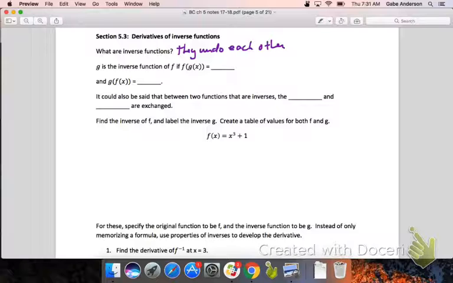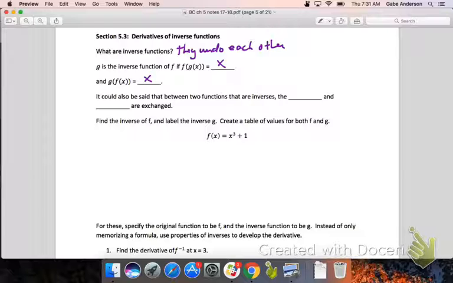If g and f are inverses, then if we do a composition of functions, f of g of x or g of f of x, in both cases we'll get the same answer, and that answer is x. This is because g and f are stripping away what the other one does, and you're simply left with the input. That's a very important property, and we'll use that coming up.